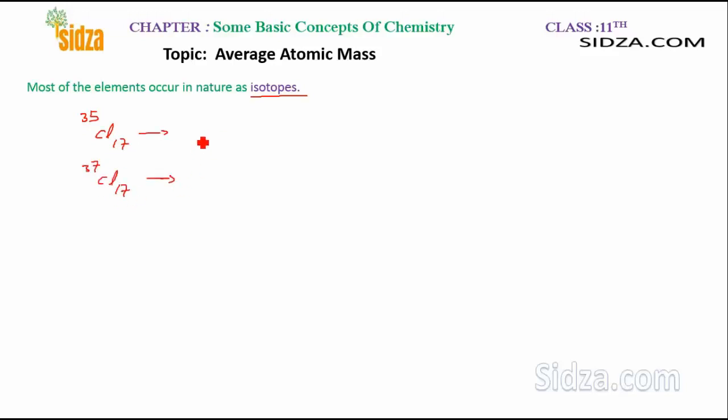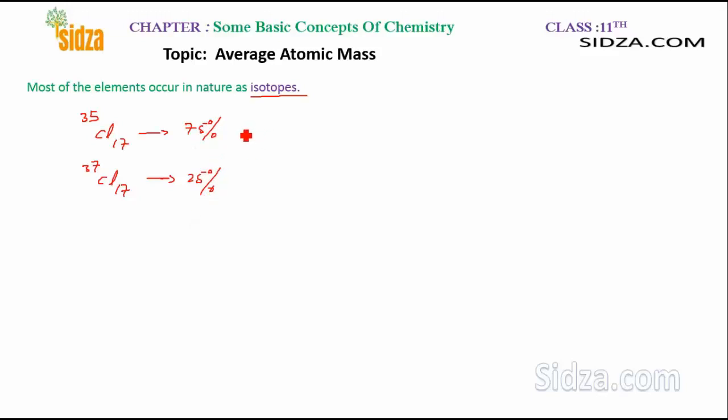Their natural abundance, we find them in nature: chlorine 35 is 75% of the total chlorine, and around 25% of the total chlorine is chlorine 37. So this is the natural abundance, right? That means it is almost in the ratio of 3:1.